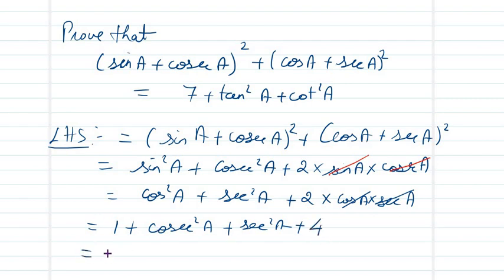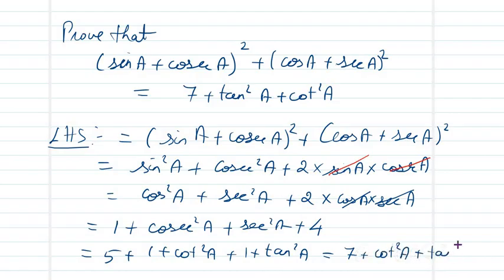Now 1 plus 4 is 5, and cosecant square A can be written as 1 plus cot square A, and secant square A can be written as 1 plus tan square A. Now 5 here, 1 here gives us 6, and 1 here, 6 plus 1 giving us 7 plus cot square A plus tan square A, or 7 plus tan square A plus cot square A, which is the right hand side.